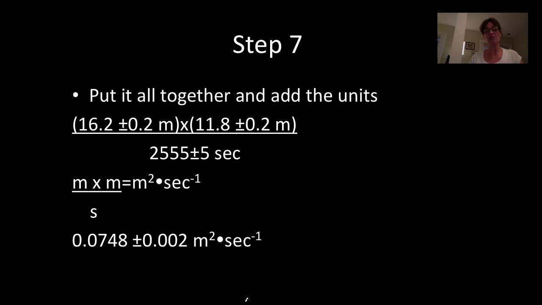The uncertainty here is in the thousandths place, but my number is in the 10,000ths place. And that doesn't make any sense. How can I have an uncertainty that's plus or minus a thousandth, but I have a number with significant digits all the way to the 10,000ths? So we have to rectify that problem.